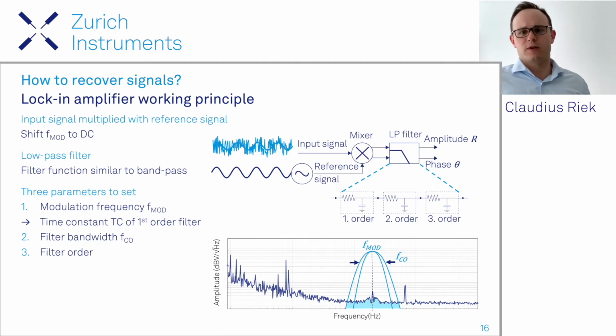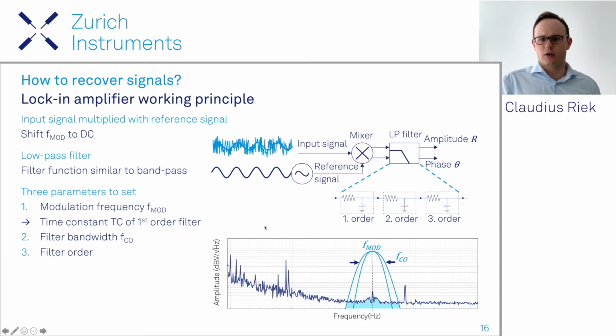What the lock-in amplifier does is it takes the modulated signal from your experiment here and multiplies it in the end with a reference signal. So this is the pure modulation signal. This is depicted all in an analog representation, but of course all the signal processing is performed in a digital way.